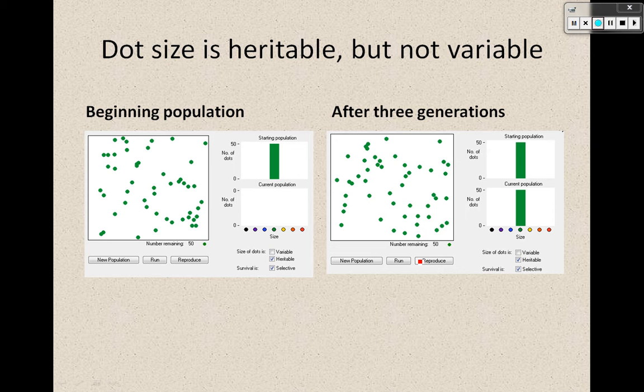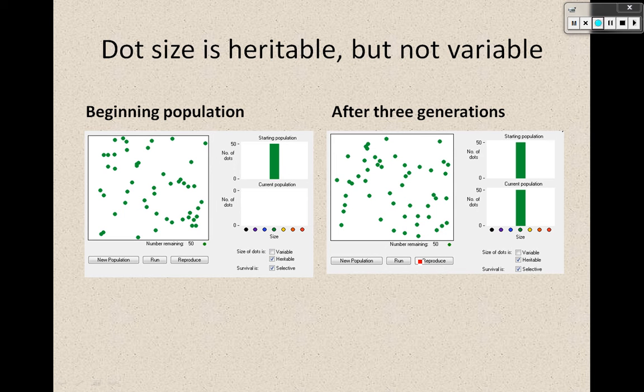The deer have 1 nose because they inherited that trait of having 1 nose. But it's not variable. So every deer you kill off has 1 nose, and so that doesn't cause a shift in the number of noses in society. Then all the deer reproduce, and the ones that were left all had 1 nose, and they pass that on. So that's something that's heritable but not variable.